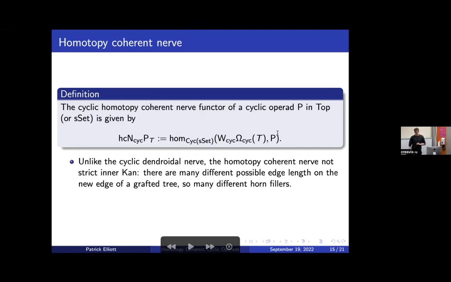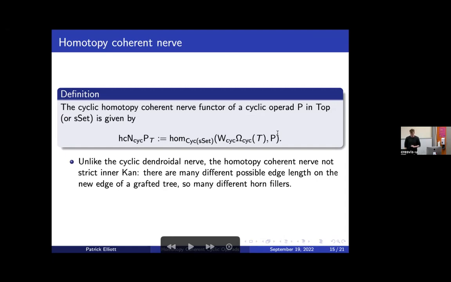So importantly, unlike the cyclic dendroidal nerve, the homotopy coherent nerve is not going to land in strict inner Kan land. This is basically because if we have, say, two trees and we want to graft them, so this is similar to composing two operations, well, when we graft them, we get an edge of length 1, but an ambient tree that's sitting around there that has exactly the same shape could have a whole list of different edge lengths ranging from 0 to 1.